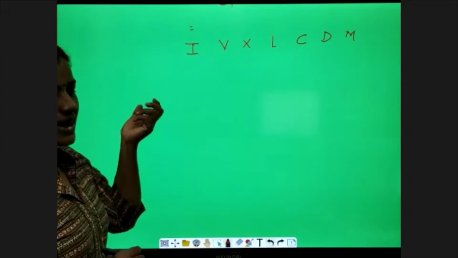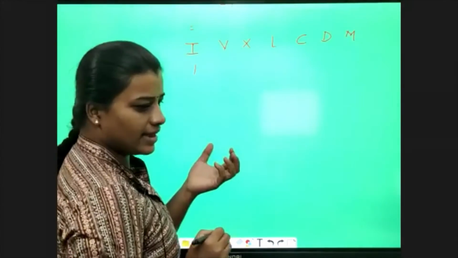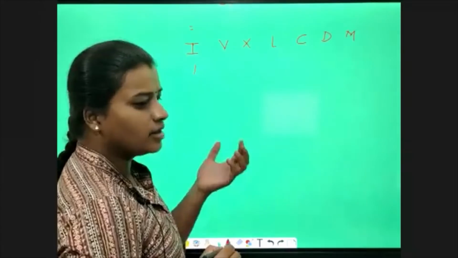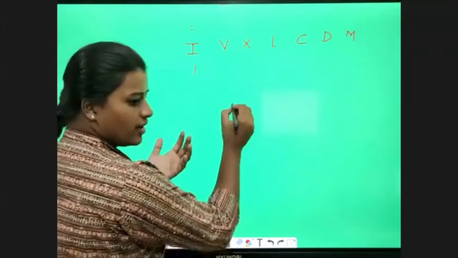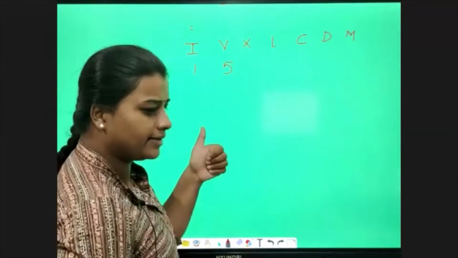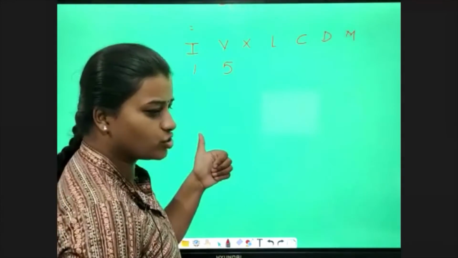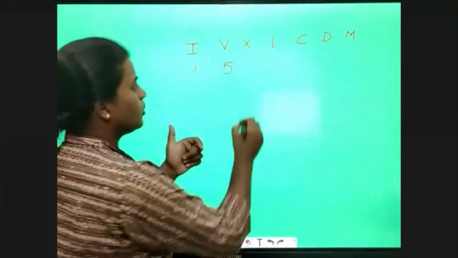I stands for 1, and we write 1. V stands for 5, Aradhya, right. Very good. X stands for 10.